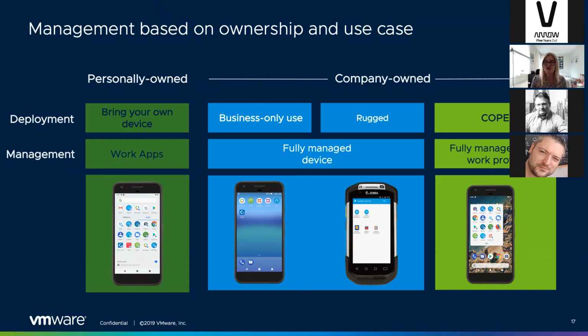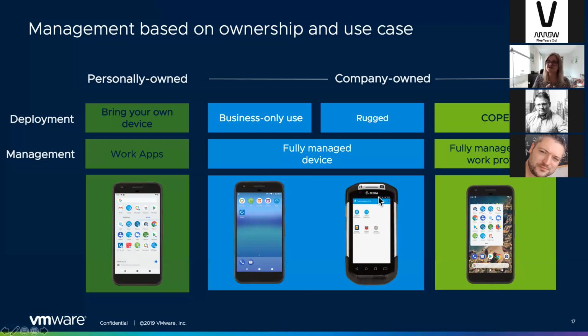Those are fully managed devices. Company-owned, fully managed devices. So business-only use, you have all your business applications in there, and you're not really supposed to use that for private applications and other things. So that device is under full management. And the same with the rugged devices. This could be a separate device or other devices.